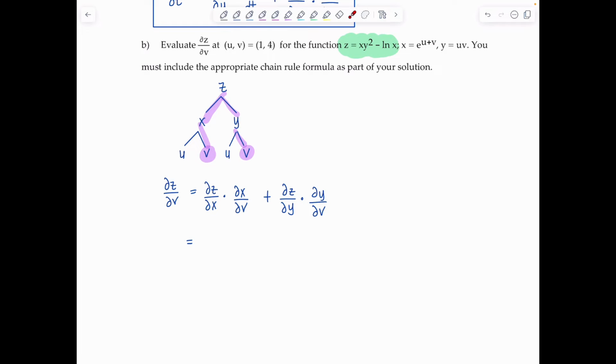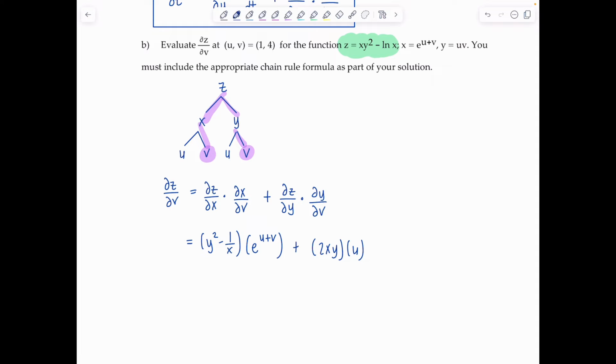Treating y as constant, del z del x will be y squared minus 1 over x. Del x del v is just going to be e to the u plus v times 1. So e to the u plus v. Plus del z del y would be 2xy times del y del v, holding v as variable, u as constant, would just be u.